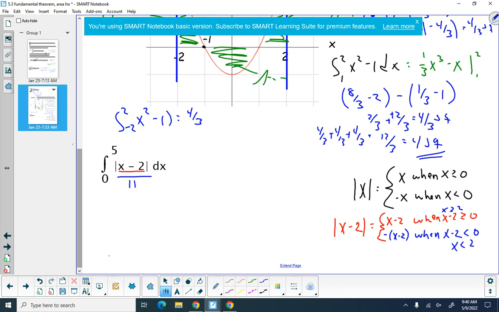So we can rewrite this antiderivative from 0 to 2. That is the interval that's less than the value of 2. This is equal to negative of x minus 2 dx. Then we can add to that the antiderivative from 2 to 5. This is the interval where x is going to be greater than the value of 2. So we have x minus 2 dx for the second interval.